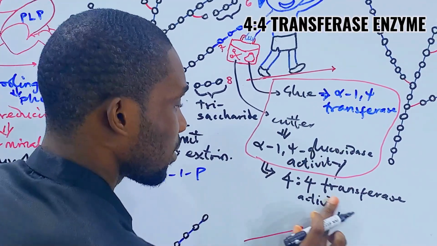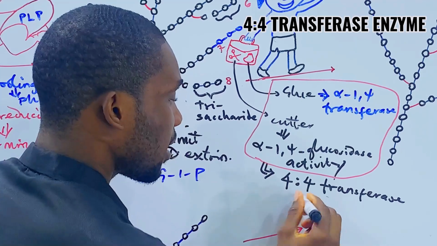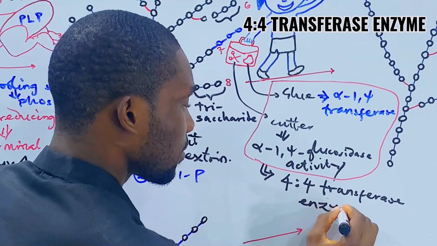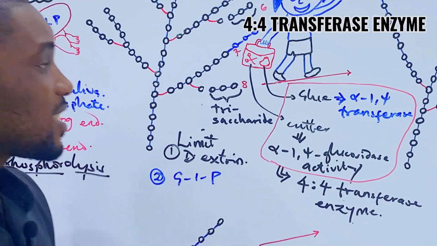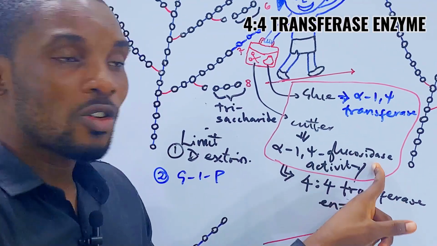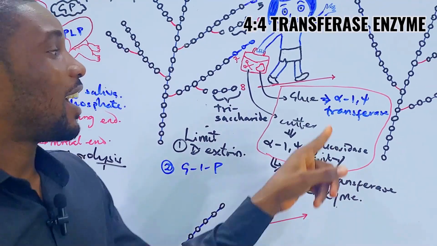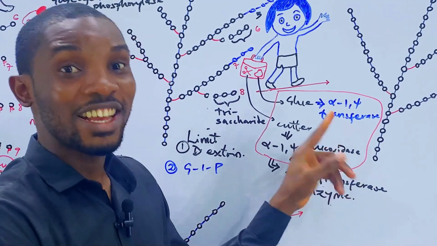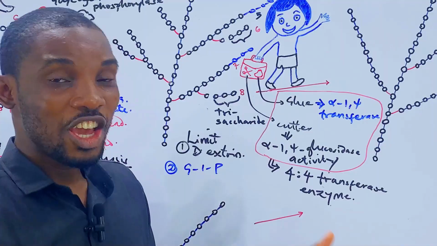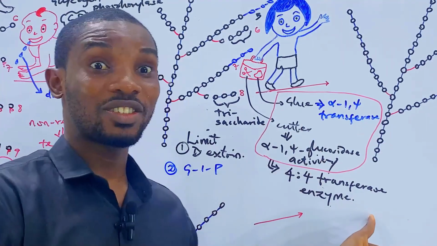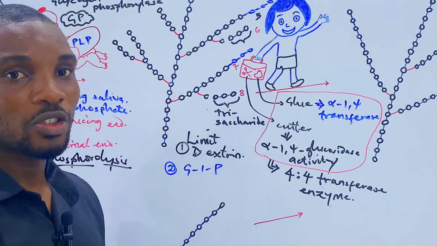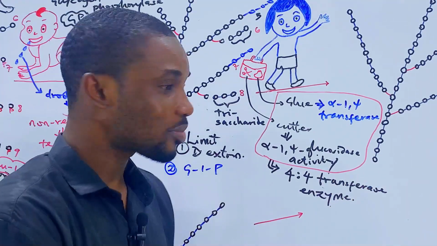Let's just put enzyme. 4,4 transferase enzyme. A 4,4 transferase enzyme is an enzyme that has an alpha 1,4 glucosidase activity and an alpha 1,4 transferase activity. Pretty easy, right? If you check the video on glycogen synthesis, you would see we talked about 4,6 transferase enzyme, but here we are talking about 4,4 transferase enzyme.